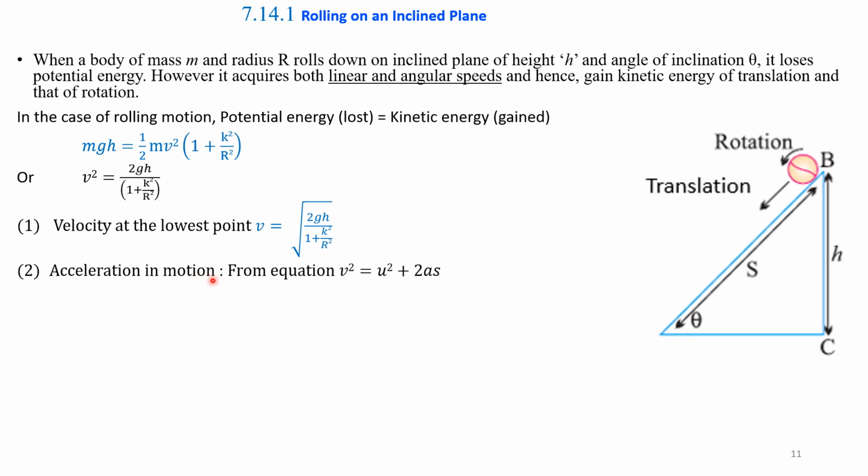And acceleration can be obtained from the equation v² = u² + 2as. We are already familiar with this relationship.